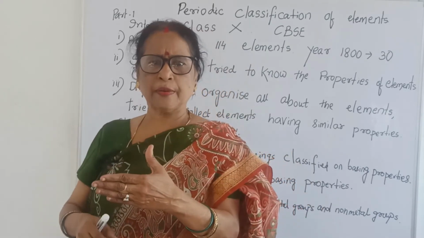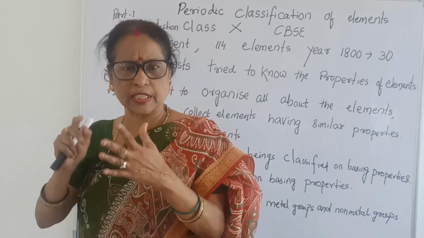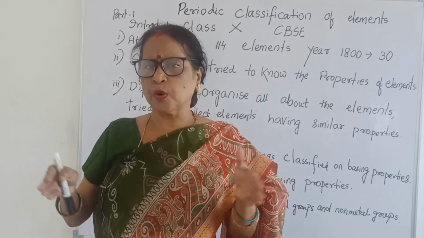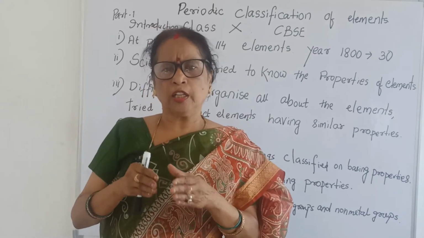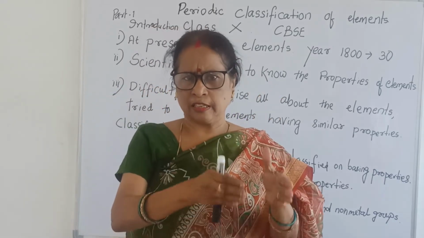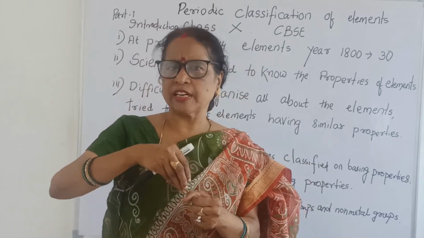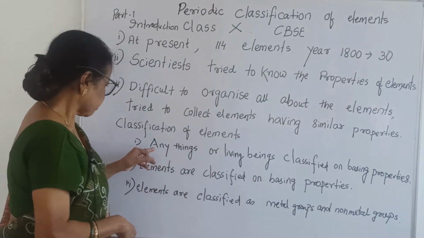And suppose 5 elements are the same in nature regarding water, they put them in one group. Like this, the scientists put all the elements having similar characteristics in a group, in an area where they collected those having the same physical and chemical properties.